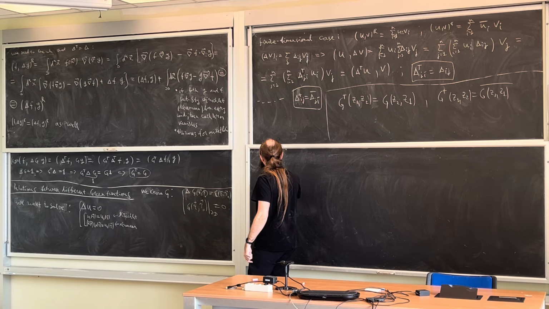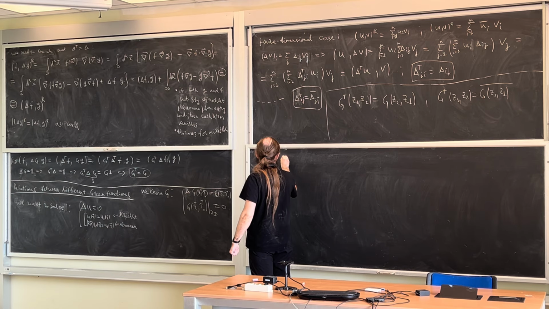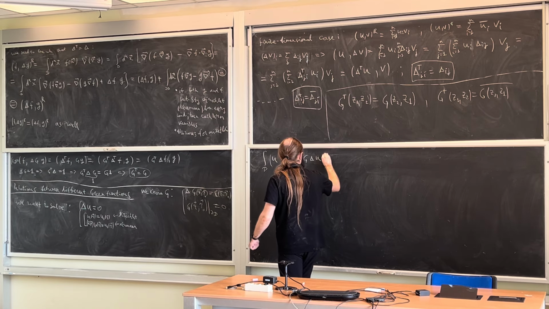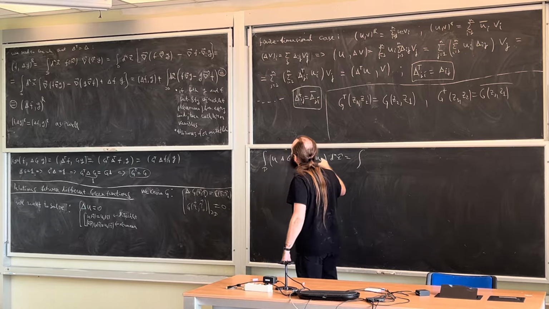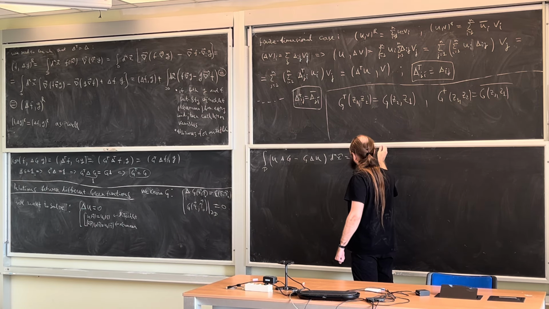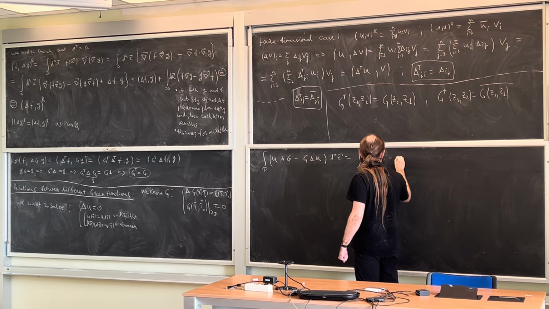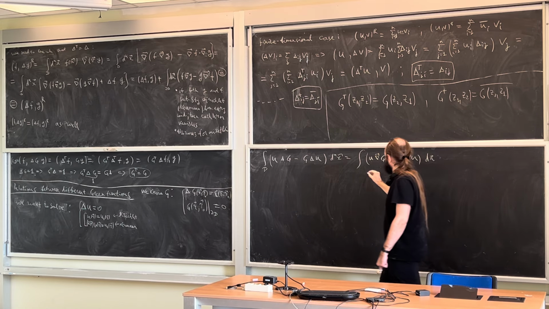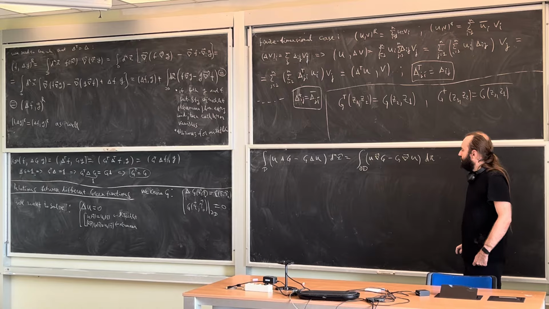We know the integral over D. So let us substitute u Laplacian g minus g Laplacian u in the integral over D. So do you agree that we have such a relation?